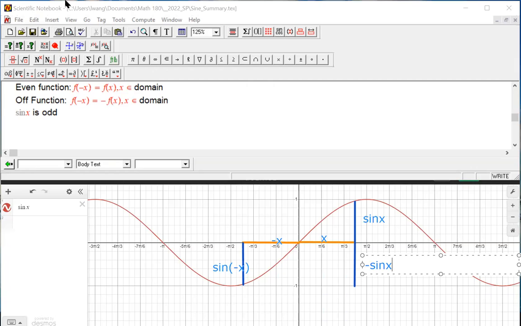So sine x is an odd function, and this is true for any input. On your homework, the intention is for you to study the unit circle, study the sine curve, and see it for yourself.